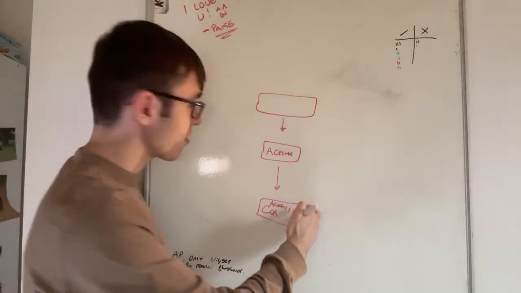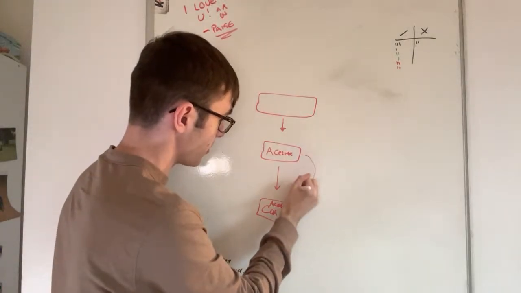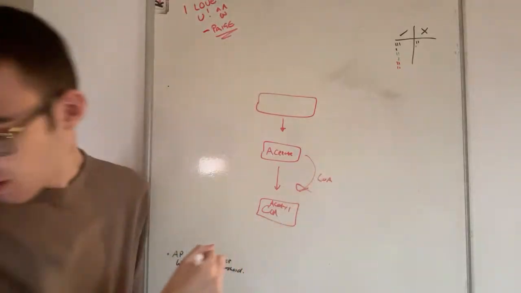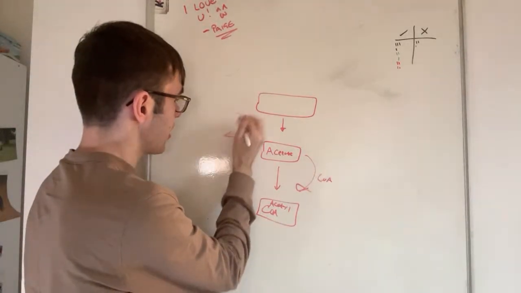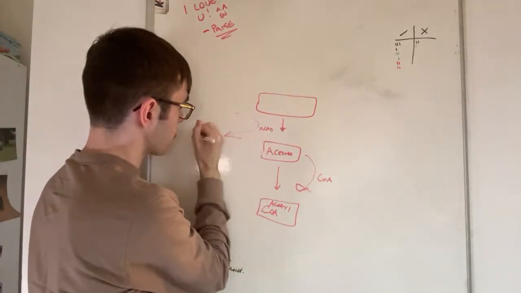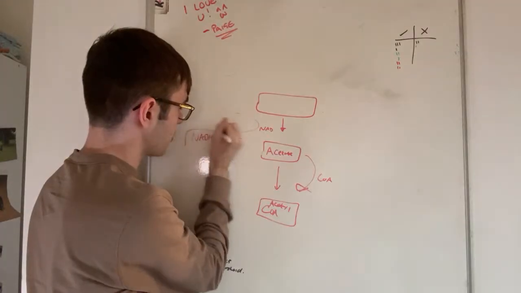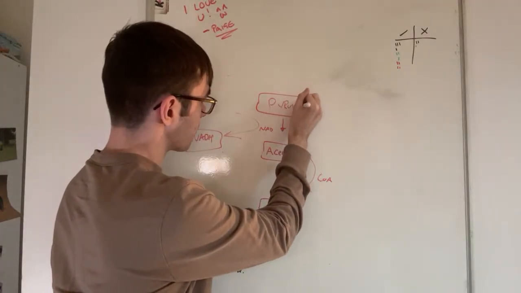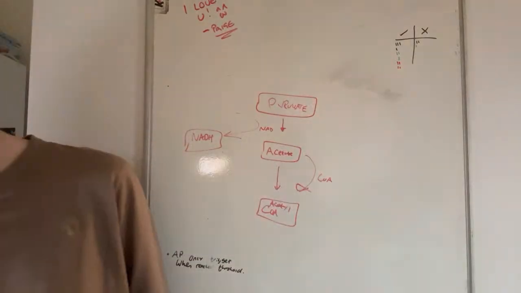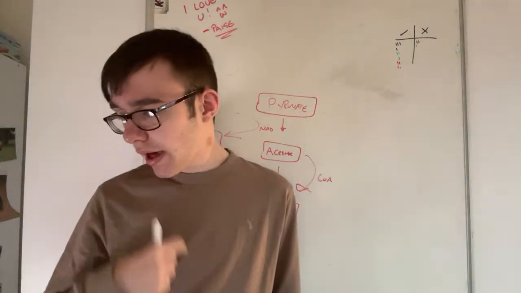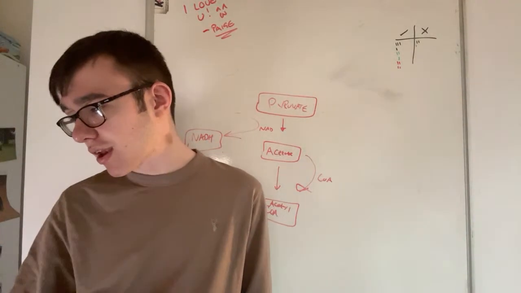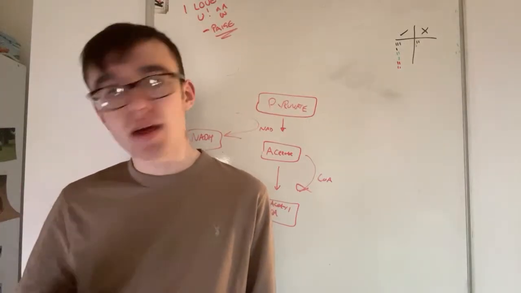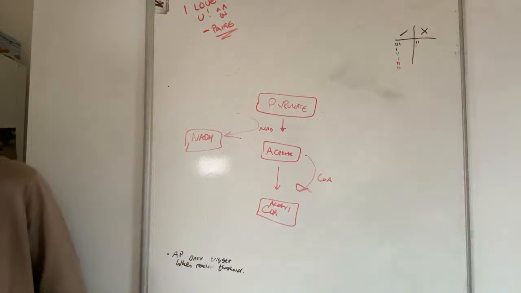Acetate into acetyl coenzyme A. That would be because coenzyme A bonds. That is NAD into NADH, or reduced NAD. This is pyruvate. A is pyruvate, B is NADH, C is coenzyme A, D is acetyl-CoA.